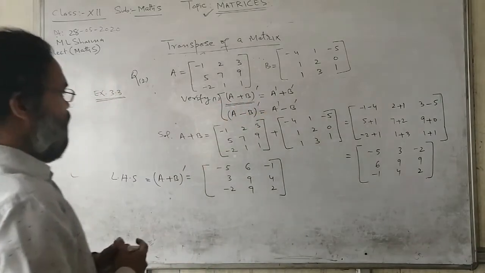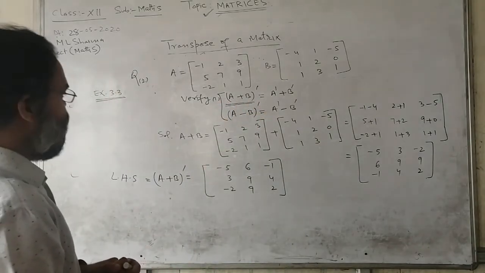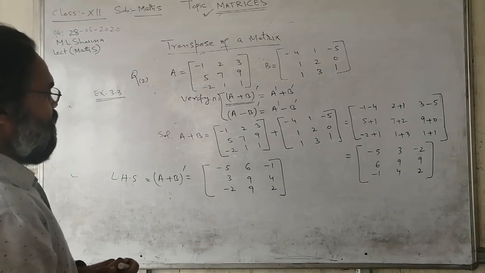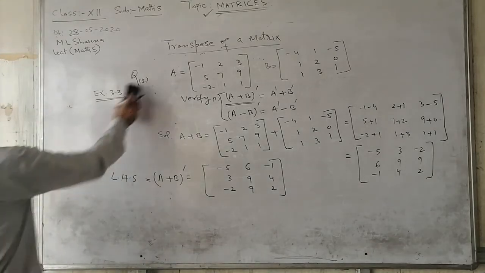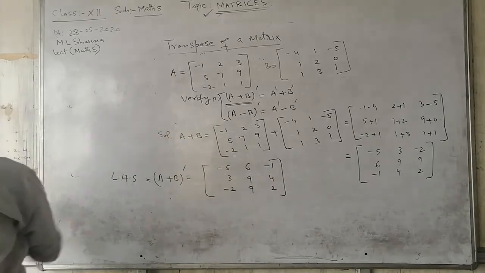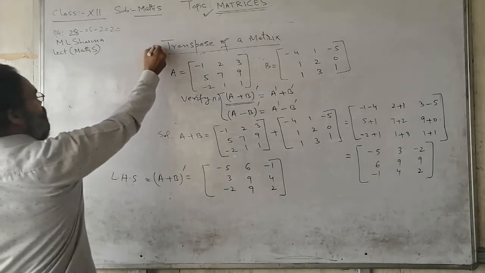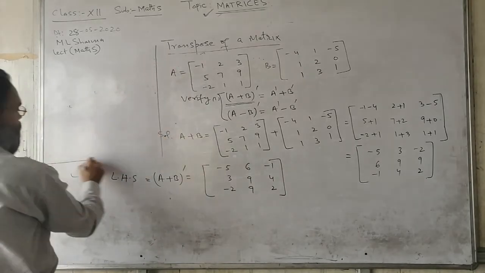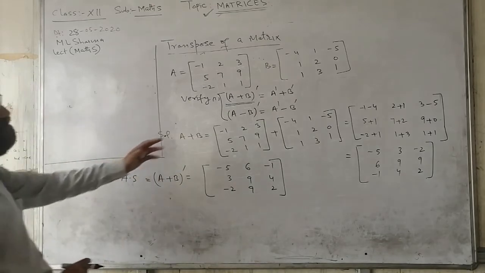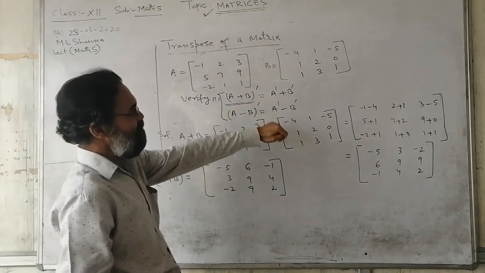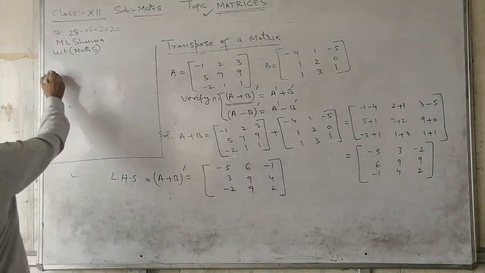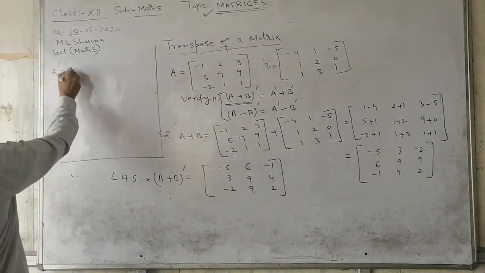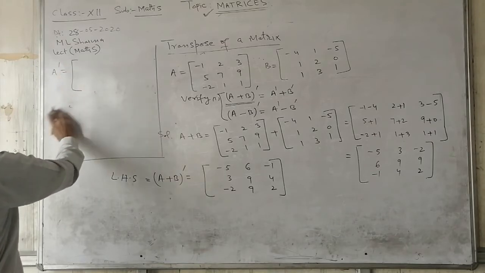So far as right hand side is concerned, in right hand side I have A transpose plus B transpose. Now A is given, so its transpose can be calculated.